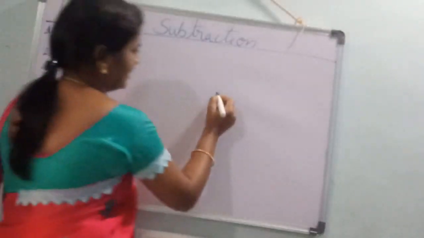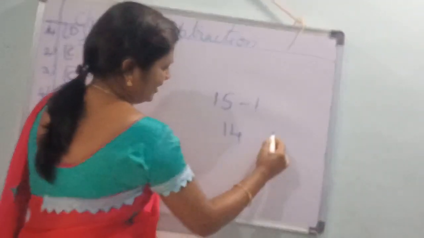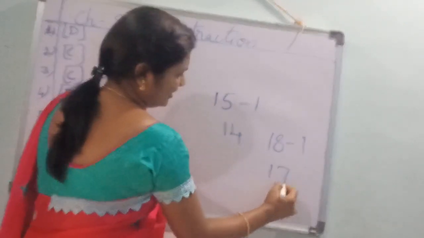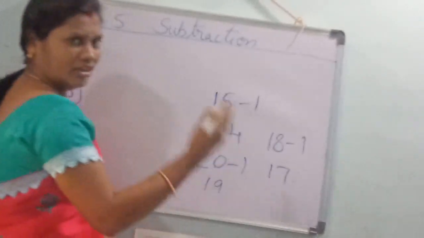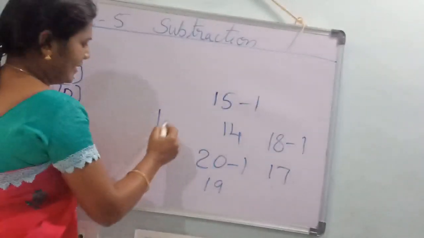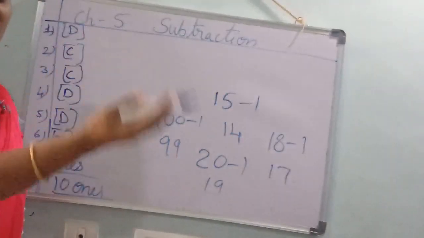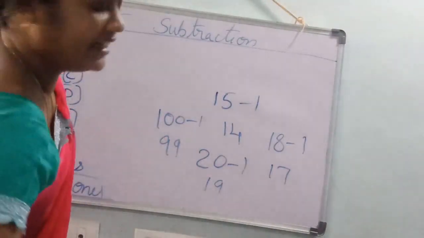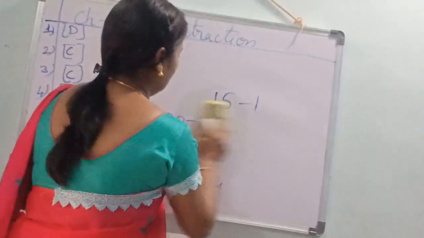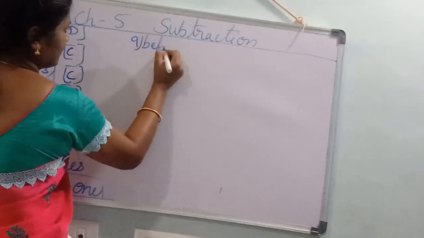See here. 15 minus 1, the number before is 14. 18 minus 1 is 17. 20 minus 1 is 19. 100 minus 1 is 99. The number before. 99 comes before 100. If you minus 1 from any number, we will get the before number. Yes or no, children?